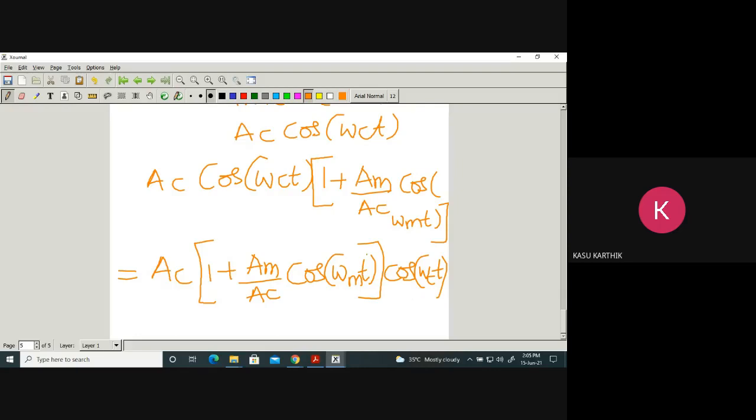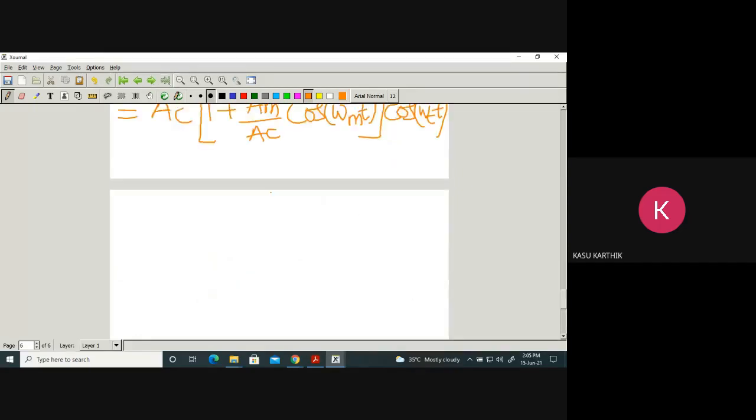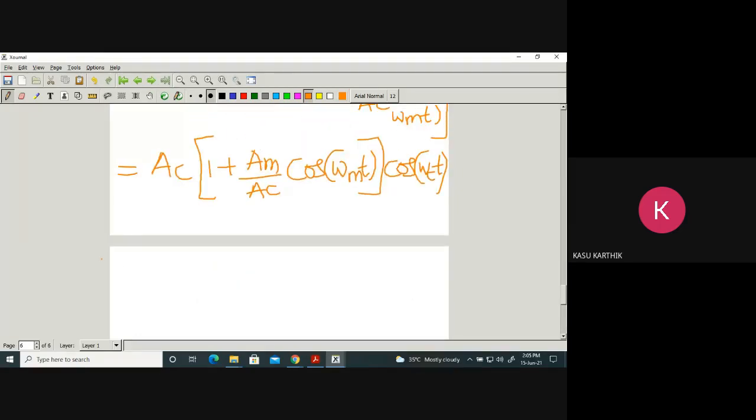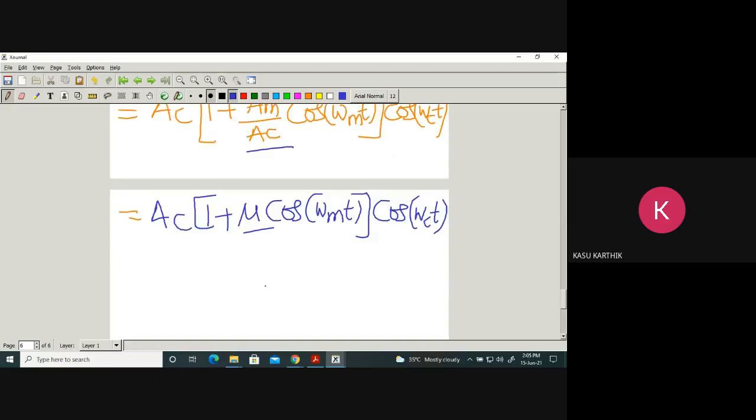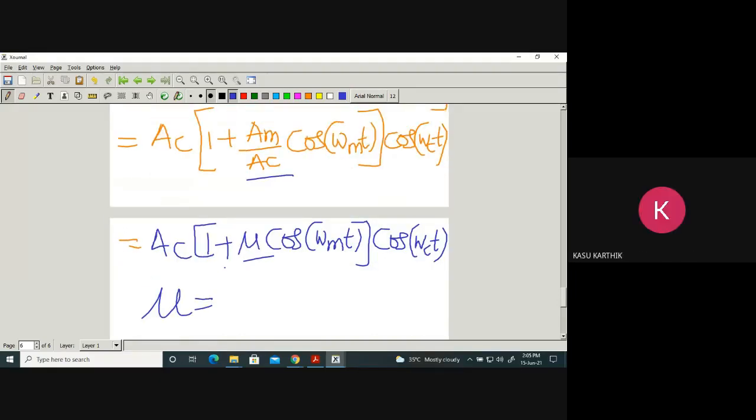Now let us compare with the equation that we know already, which is Ac into 1 plus mu cos omega mt into cos omega ct. Compare these two. Mu equals what now? Am by Ac.